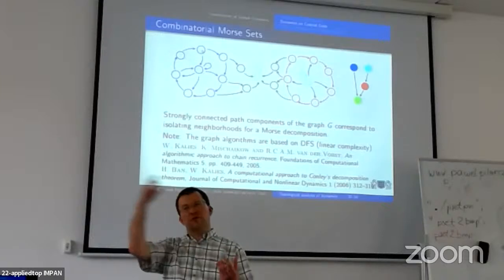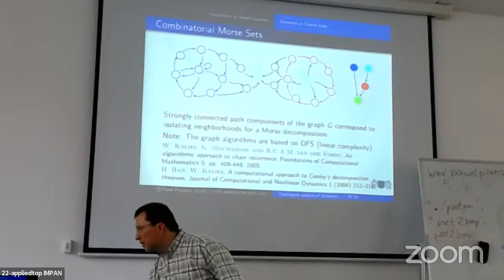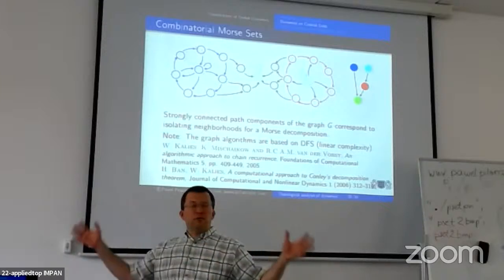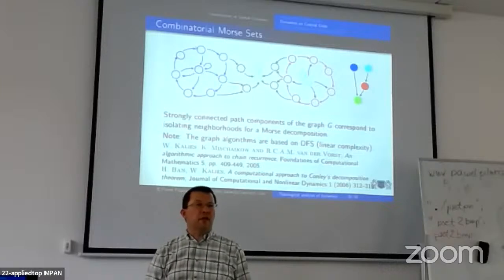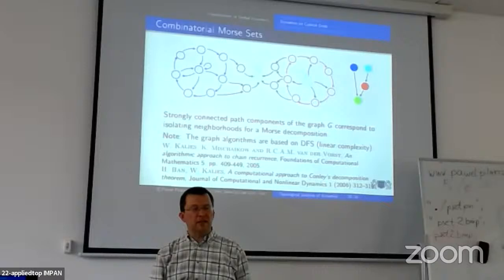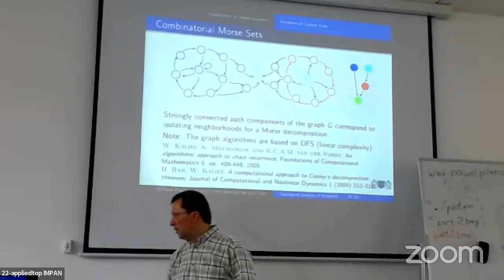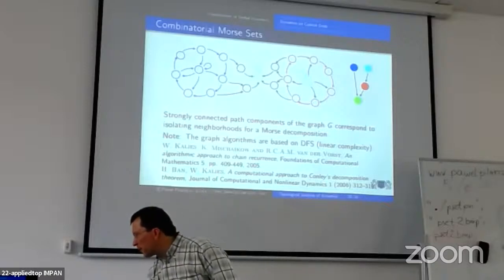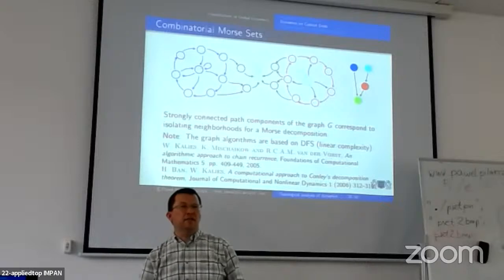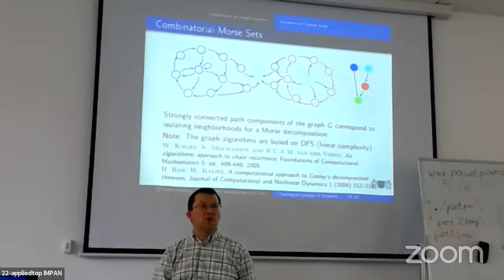If a box is mapped to some other box, then we put an arrow. So the graph that we work on represents the entire phase space and the entire map on the phase space. And then we compute these strongly connected path components. Each strongly connected path component is a collection of vertices that corresponds to an individual Morse set.